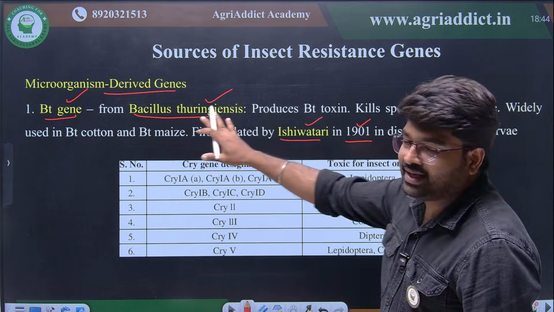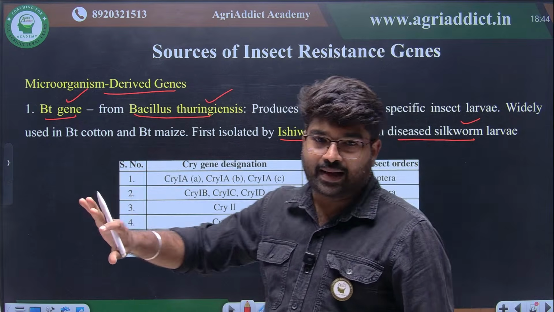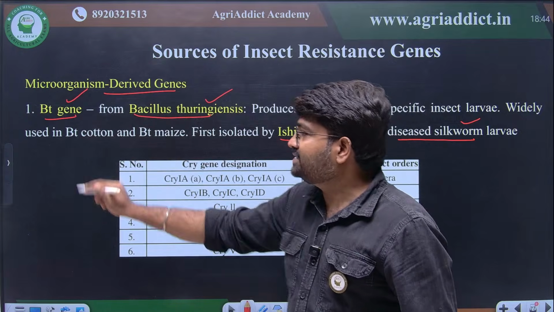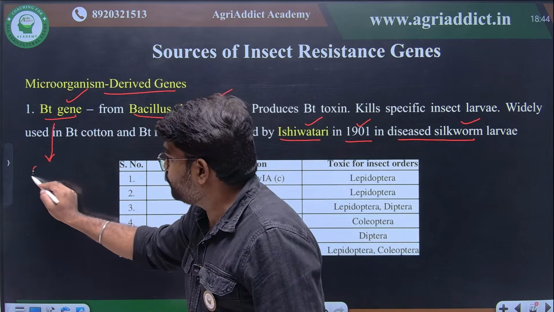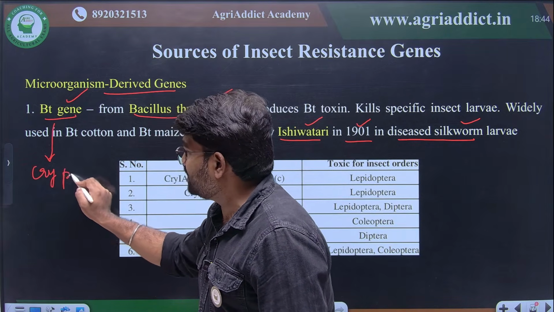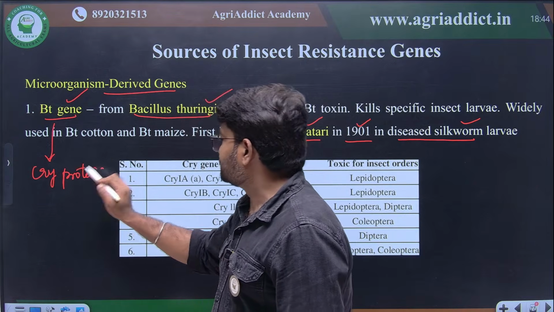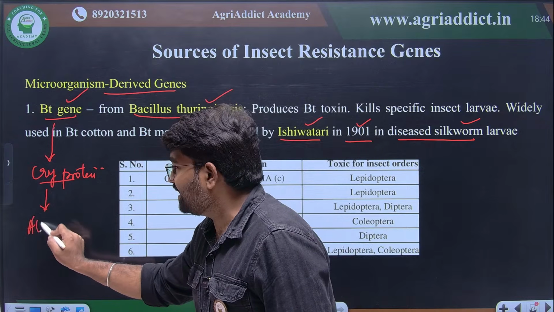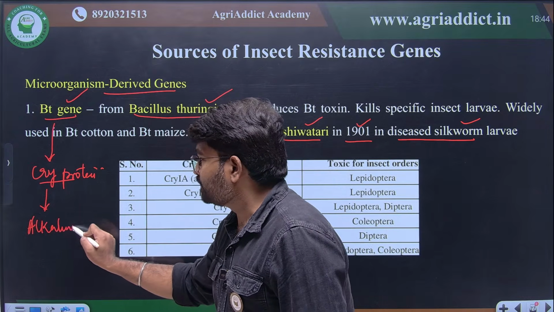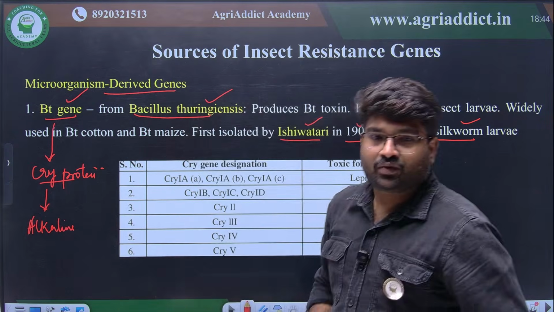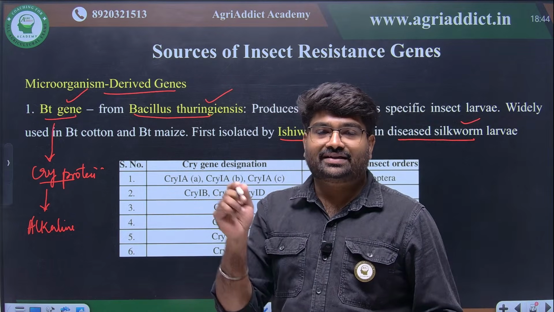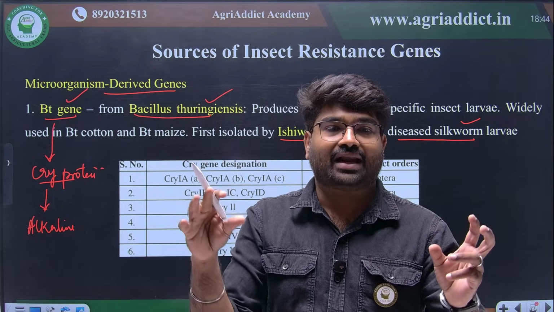Whatever I am underlining, these are the key points. So this Bacillus thuringiensis has the Bt genes that synthesize Cry proteins, that is, crystal proteins. These crystal proteins are active under the alkaline condition of the larval stomach. What they do is make pores in the intestine, in the membrane of the larva.